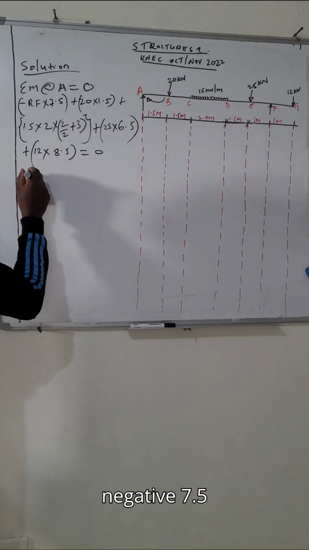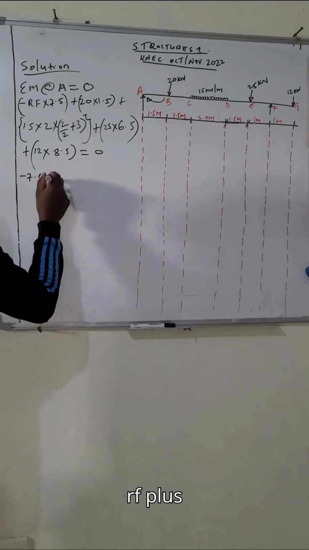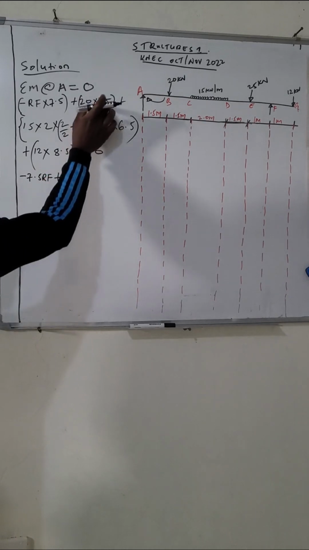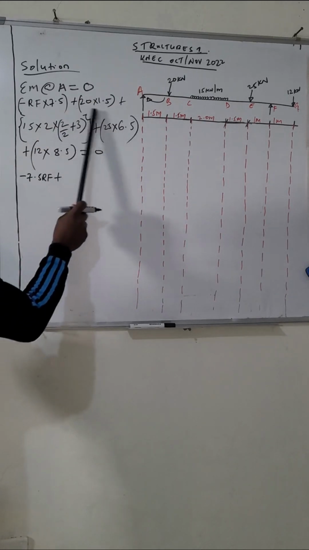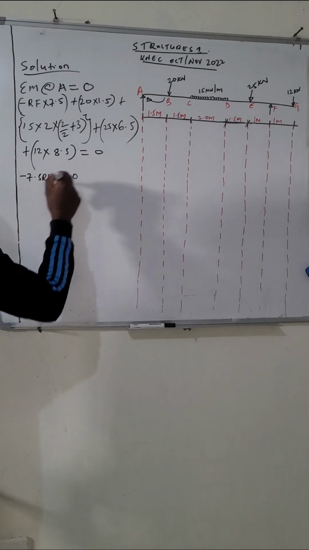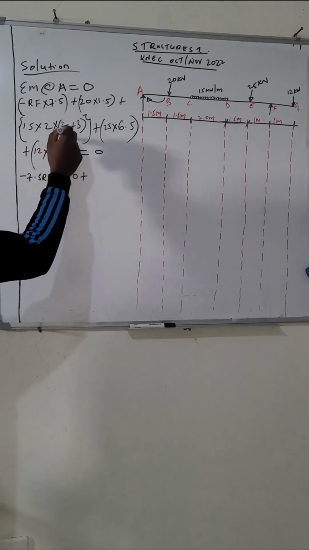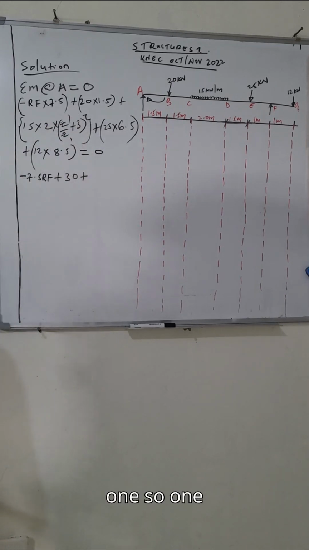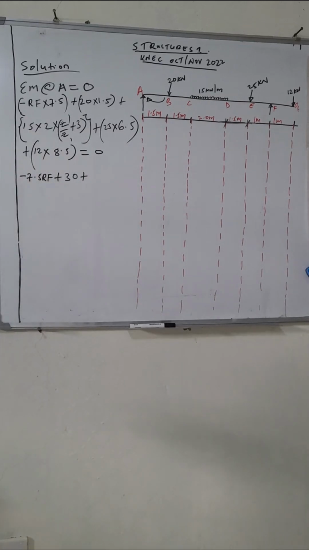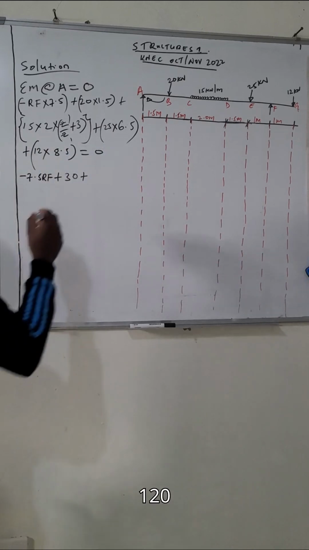So negative 7.5 RF plus 30 from this one. Then 15 times 2 times 4, that is 120.